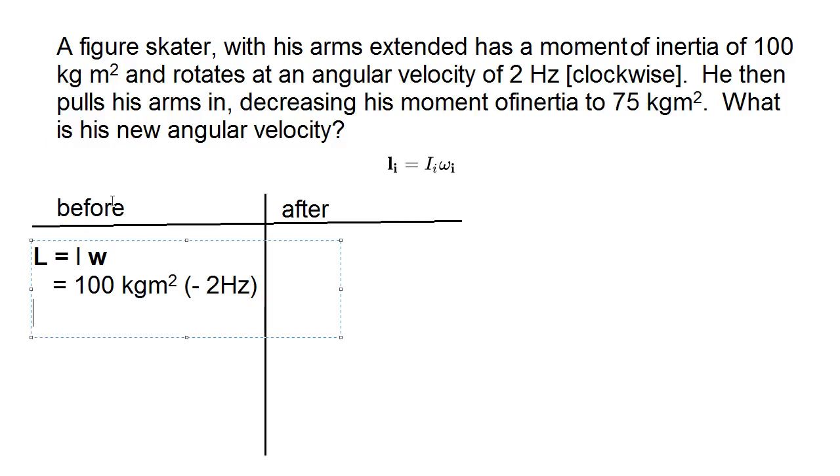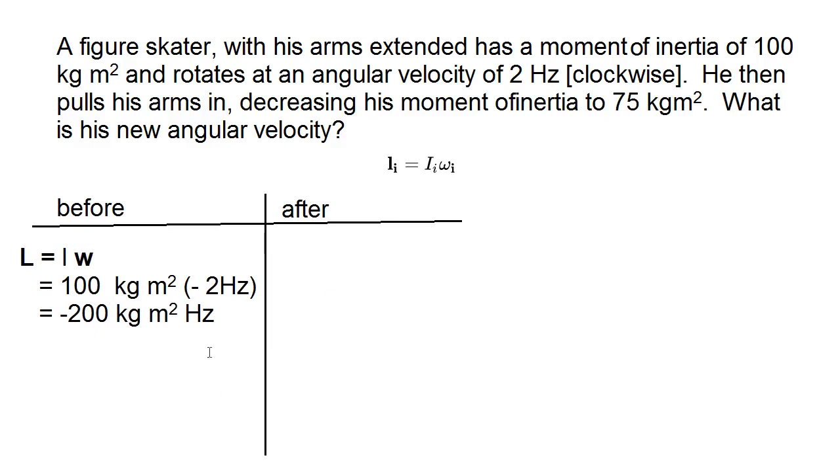Putting this all together, you can combine the units however you like. I'm just going to leave them. We have negative 200 kilograms meters squared hertz. You can convert hertz to 1 over seconds if you choose. And that's our total angular momentum because we only have one type present.